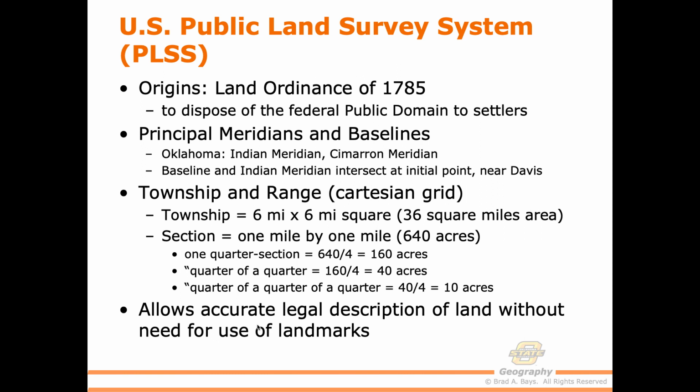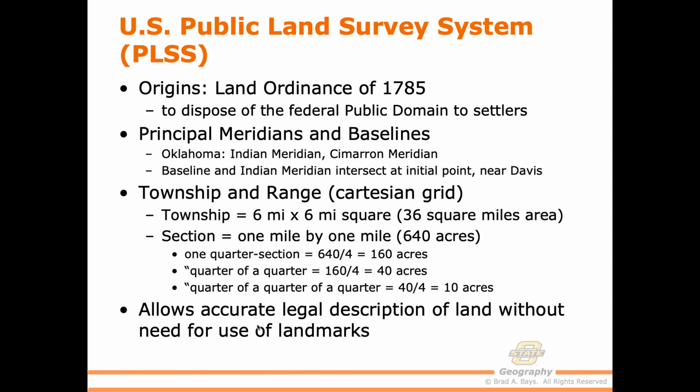Something like that. A quarter section, which is the size of the General Land Office's standard farm size, is 640 divided by 4, 160 acres. So that 160 acres comes from dividing that section into quarters.